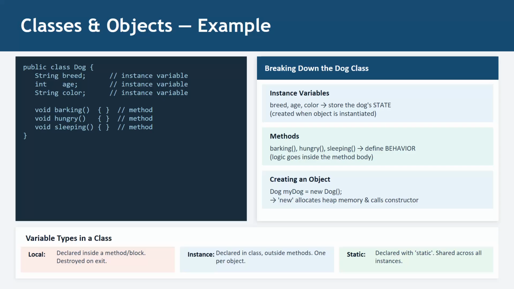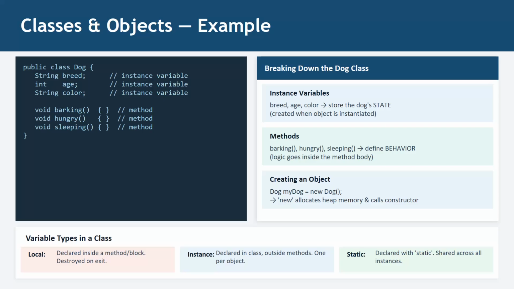You will have to declare what color the dog is, brown or black and so on, and the age, is it 10, 5, 6, 2, and so on. The methods of this class, the barking, hungry, and sleeping, are the actions or activities that the dog can do, not just its physical appearance and key attributes. You define these behaviors by adding logical functionality to them.